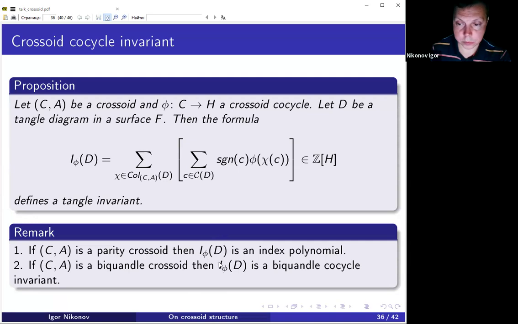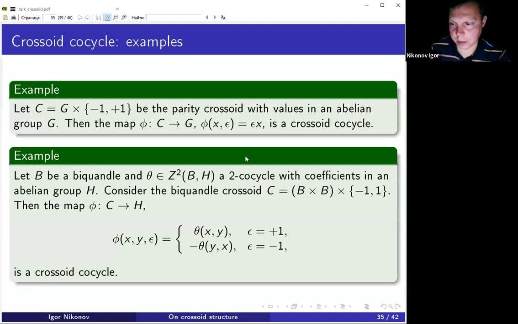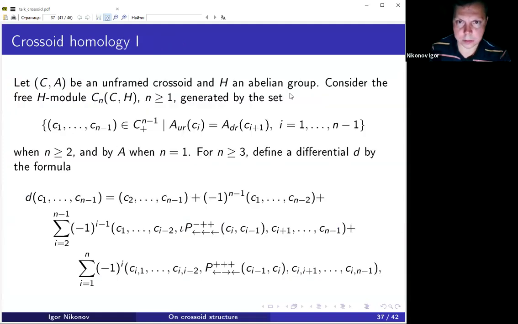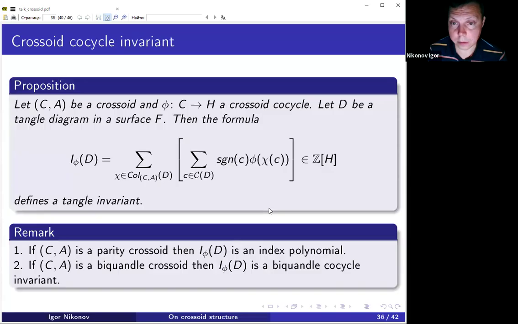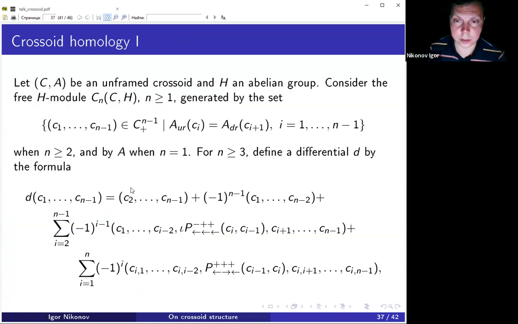And for the biquandle crossoid, this is the biquandle cocycle invariant. In fact, this cocycle can be included in a more general construction of crossoid homology, analogous to the case of quandles. For quandles, we may define some complex, and this cocycle is just a cocycle of this complex.